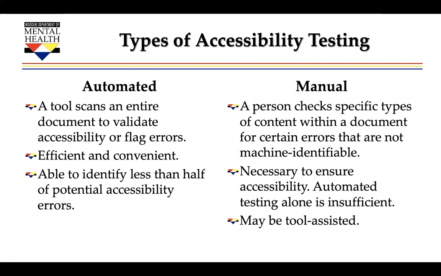Automated testing alone is, in most cases, insufficient. The good news is that in some cases, there are tools available to make manual testing easier, and we're going to be looking at one of those tools during the demonstration.